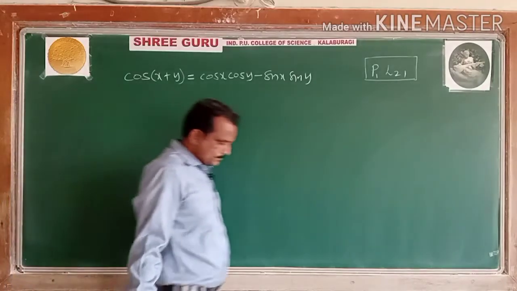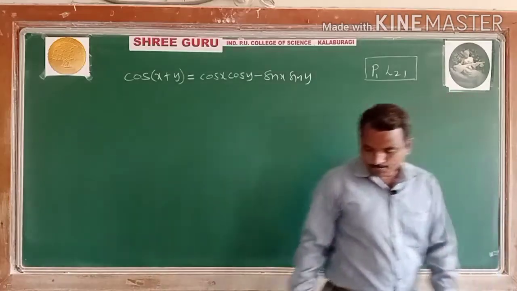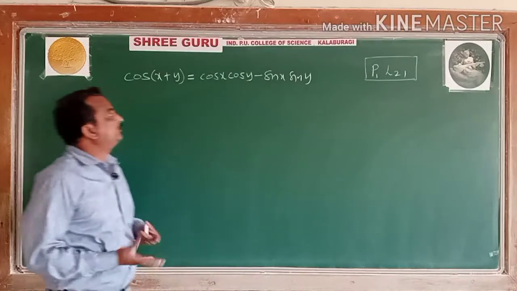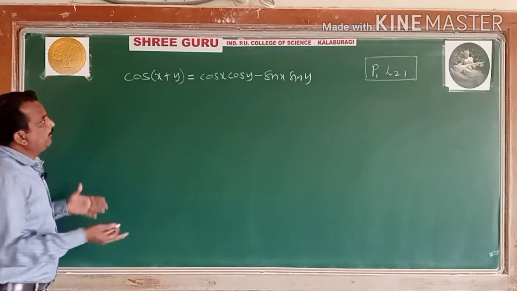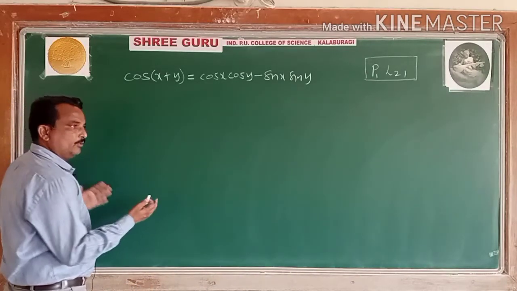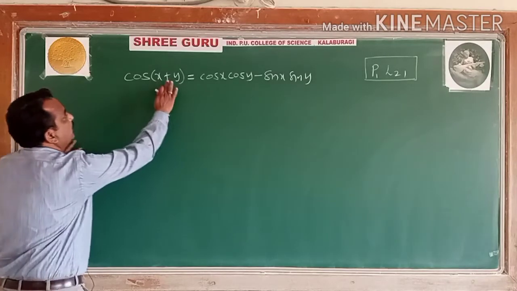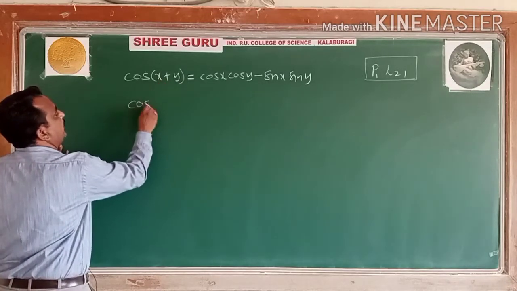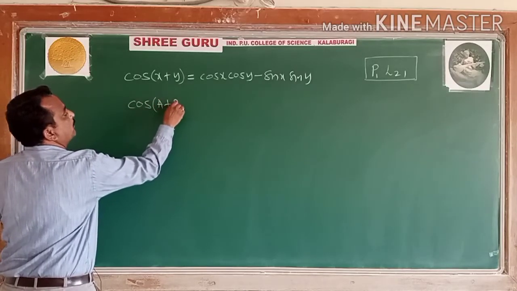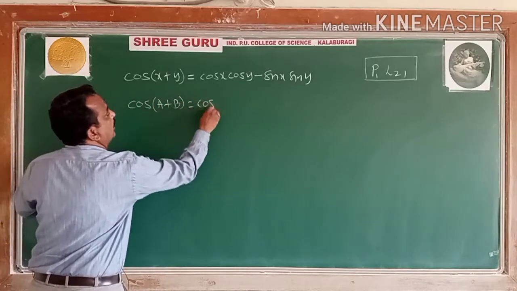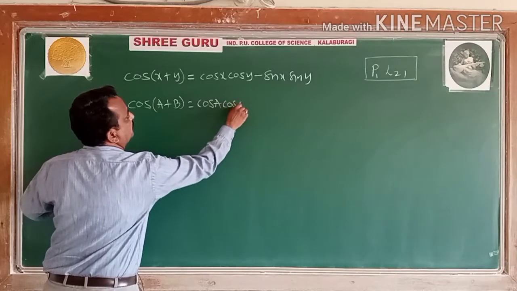Now, students, let us prove the remaining results using this result. The remaining results we have already taken in the last class. So it is x plus y; you may also express it in terms of a plus b.